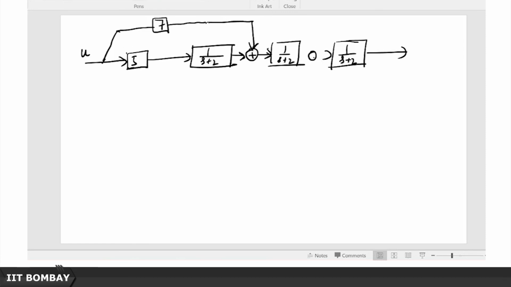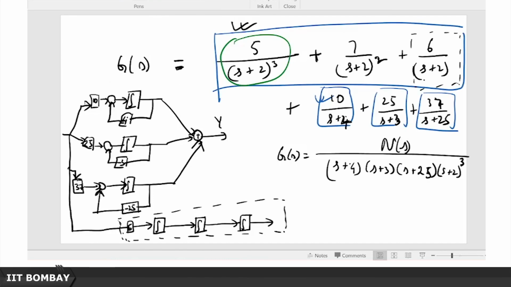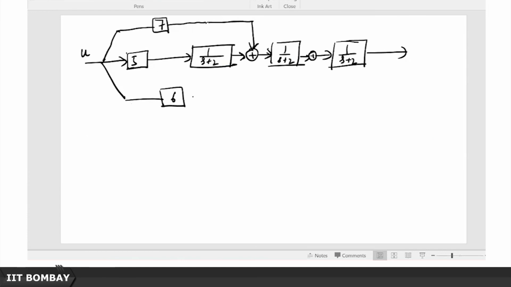So I am going to introduce another summer here, and I am going to say that, what was the third term? 6, yeah. So 6 times this is going to pass through this one integrator.